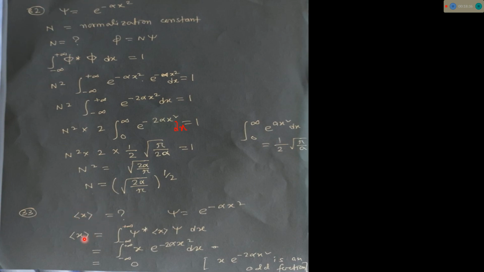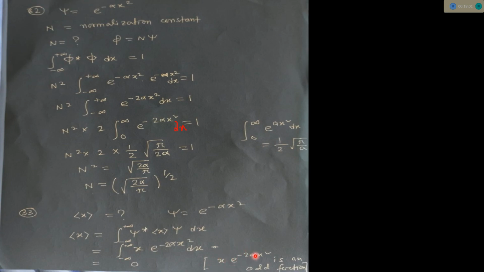So we all know that the average value of x we can write as psi star x psi dx, so x into psi star psi. Psi star psi becomes e to the power minus 2 alpha x square. So in this case, minus infinity to plus infinity, x e to the power minus 2 alpha x square.